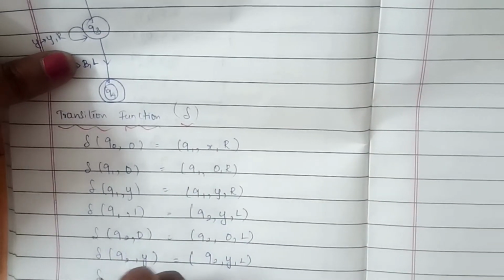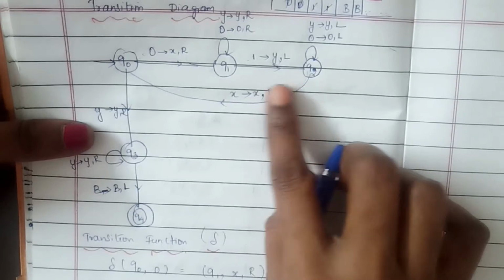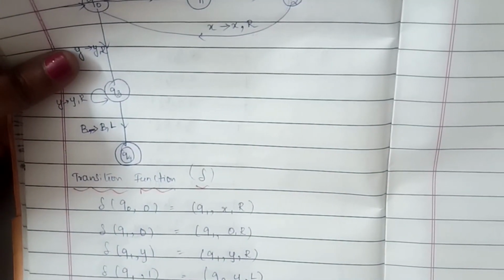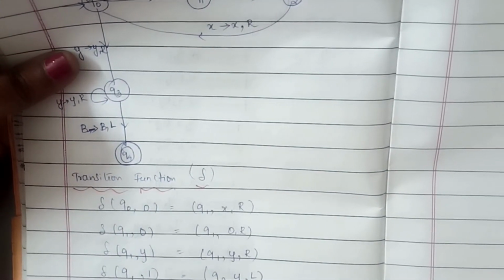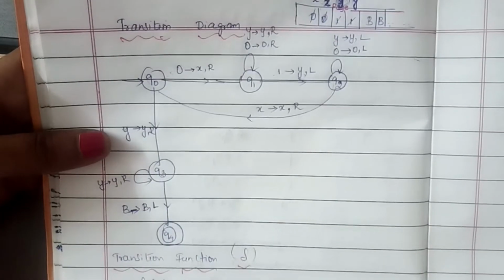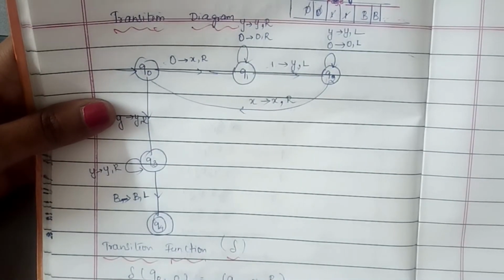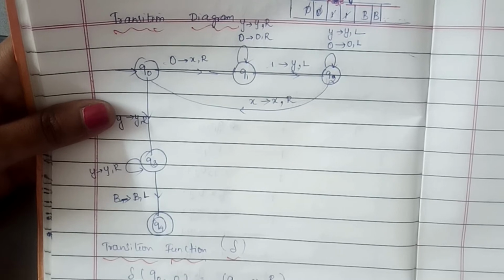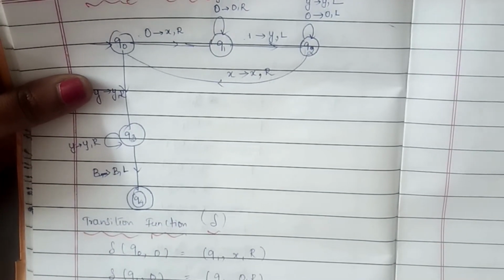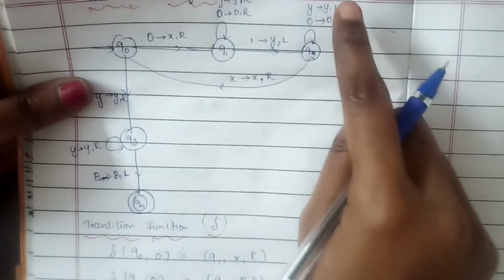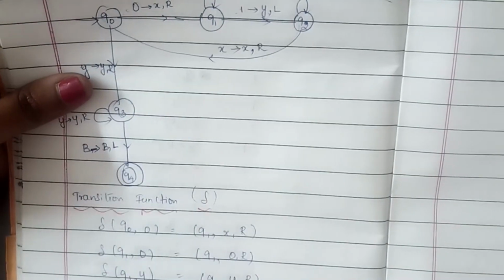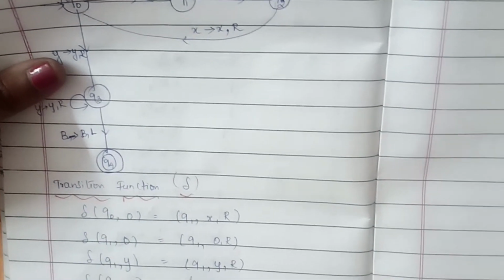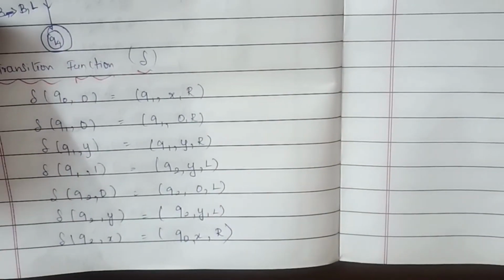Okay, after that when you see q2 on X, it is going to be q0, and X is replaced by X only, with the right direction.